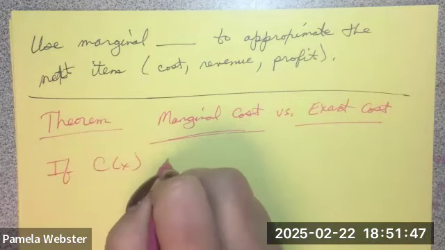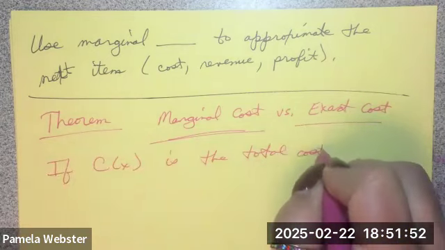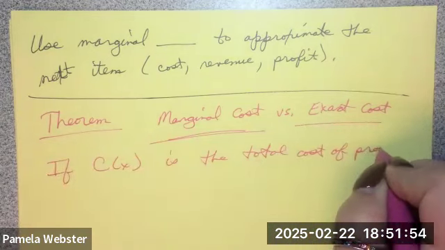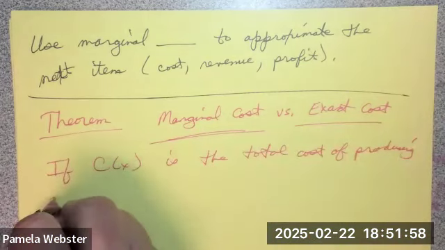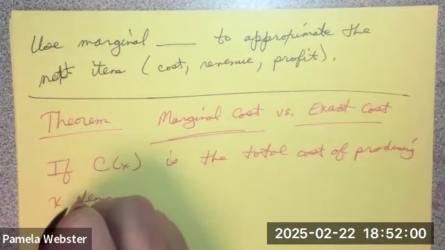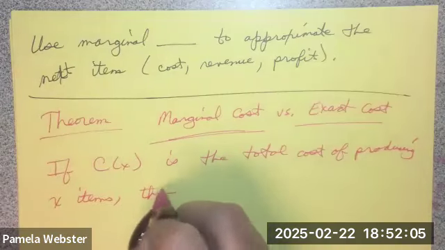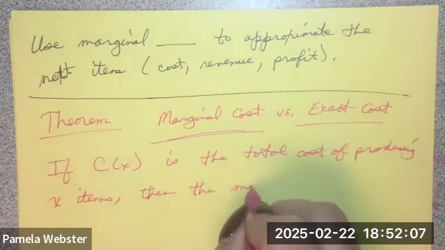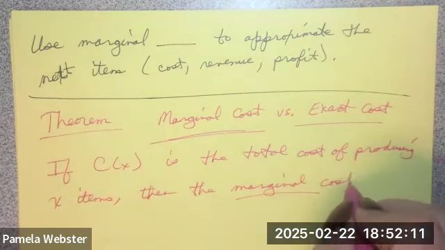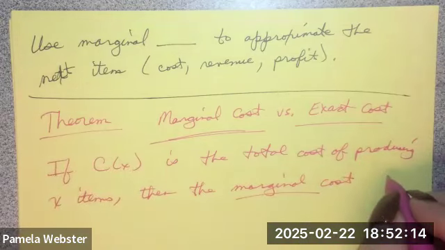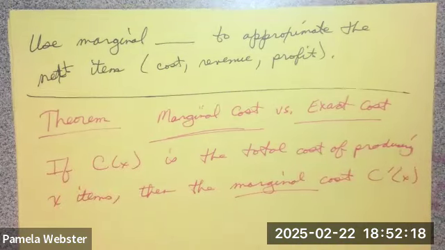If C of X is the total cost of producing X items, then the marginal cost C prime of X. Okay, again, we read that derivative.